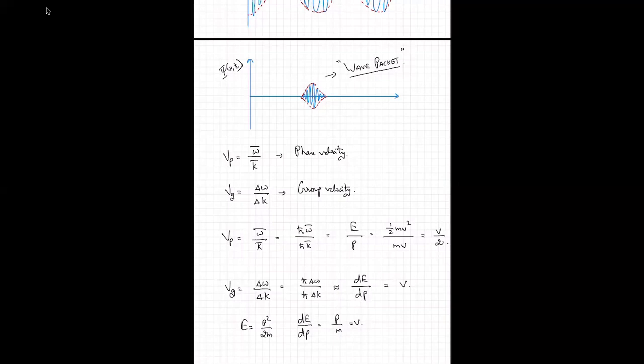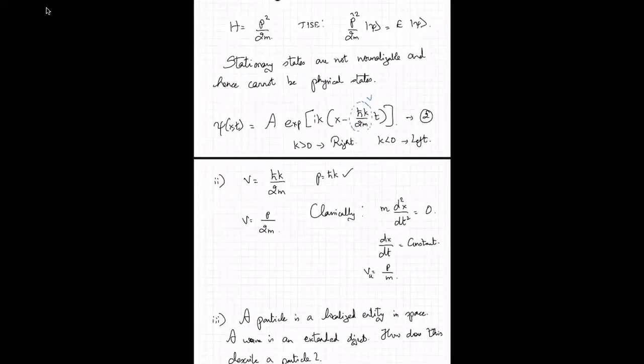What we should actually measure is the group velocity of the wave, or rather the envelope of these waves. The envelope of these waves, which moves with the group velocity, has the correct velocity v that corresponds to the velocity of the classical particle. So why is it that we did not see it in this particular solution of the Schrodinger equation? Well, we did not see it because we constructed only one wave.